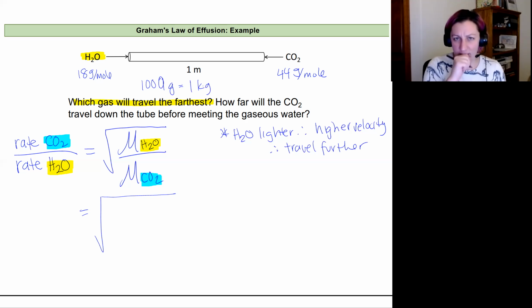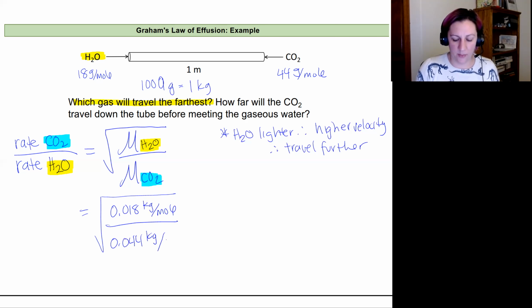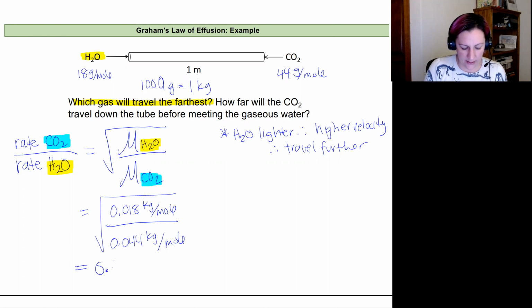So my molar mass for my water is going to be 0.018 kilograms per mole, divided by my 0.044 kilograms per mole. So what I calculate for my ratio is 0.64.